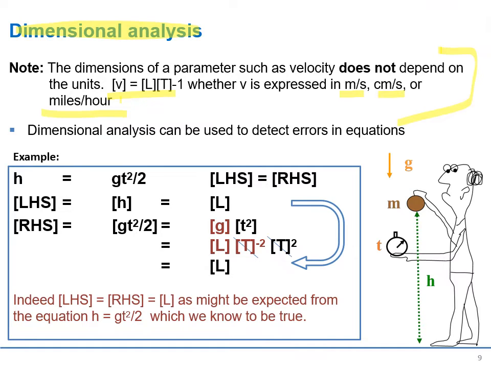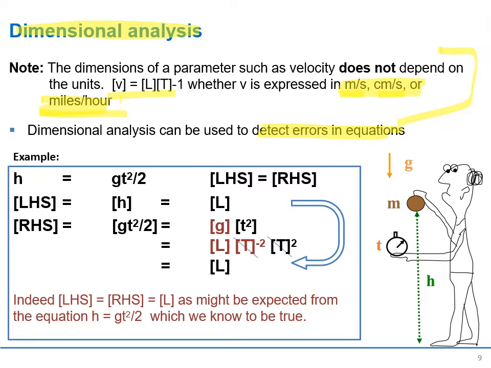This means that the dimension of any parameter does not depend on the units. It just depends on the dimensions. Whether you measure your quantity in meters, centimeters, miles, or whatever, you just check the dimensions. Dimensional analysis can also be used to detect errors in an equation.